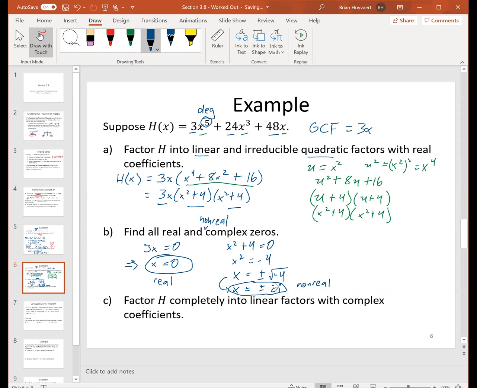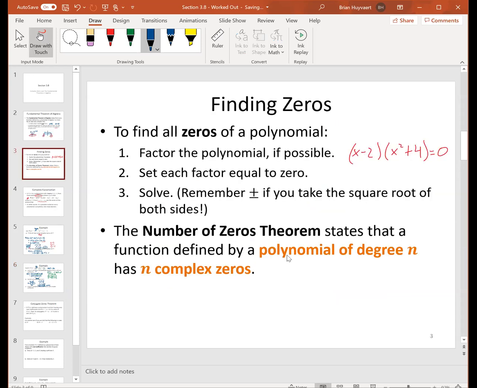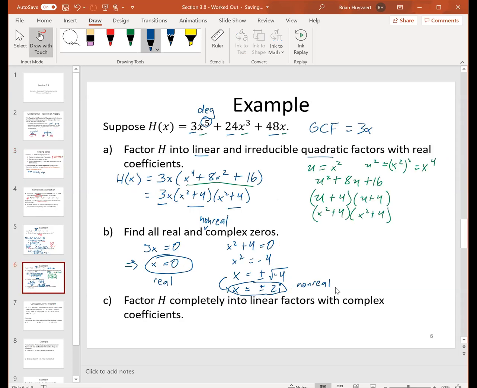We didn't say anything about unique zeros when we called out the number of zeros theorem: a polynomial of degree n has n complex zeros. These are, again, not necessarily unique. So it's okay to have repeated zeros, that's fine. So these are repeated, both of them.